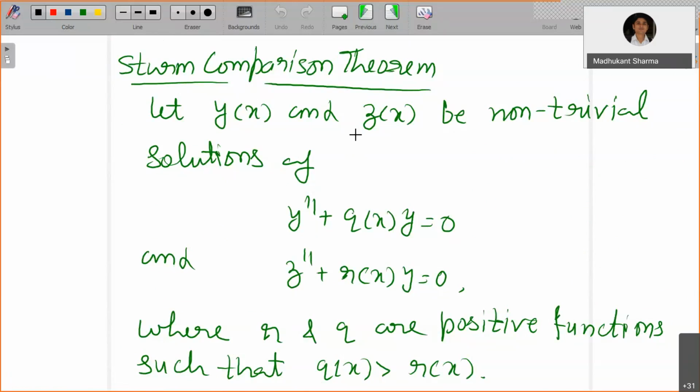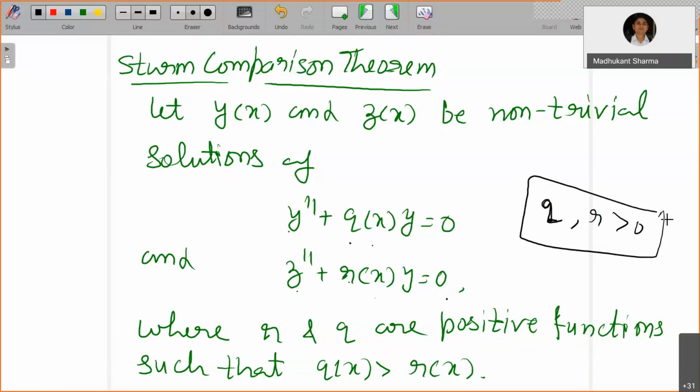So let y and z be non-trivial solutions of y double dash plus q(x) y equals 0 and z double dash plus r(x) z equals 0, where q and r are positive functions such that q is greater than r.